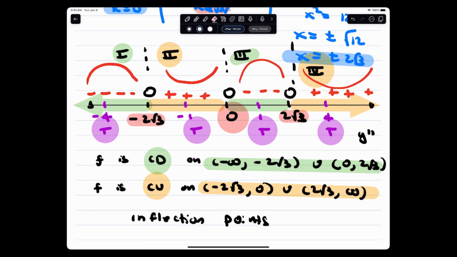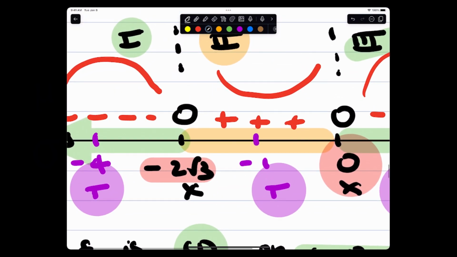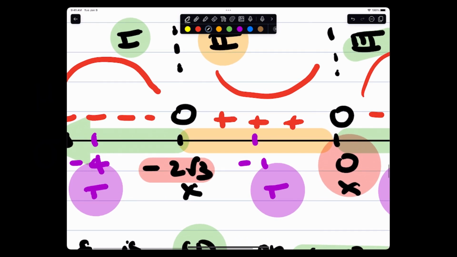It has to be in the domain. It's a point on the curve. That's why they call it an inflection point. So all of these here are the x values. This is a second derivative. Okay. So didn't you go from concave down to concave up at negative 2 square root of 3? You guys see what I'm saying? Right in here.